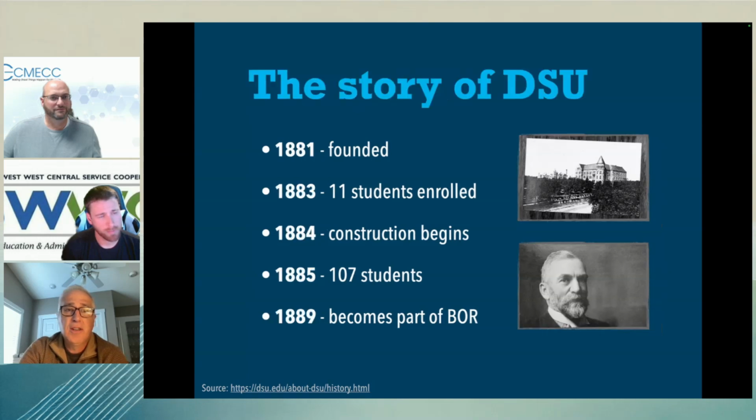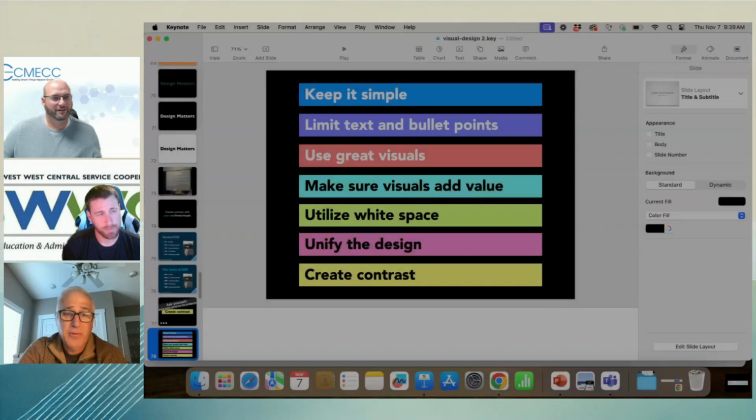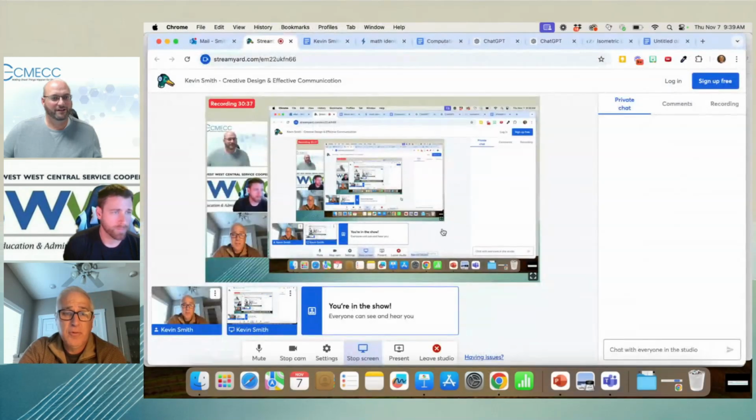So there you can see when I've added the contrast, how 1881, 1880, they stand out a little more. So if you have things that you really want to highlight to users, contrast can really help do that, either through colors or through styles of fonts and things like that. So there's that list. And so those are 7 things that I think are really helpful and important for remembering when you're doing visual design.